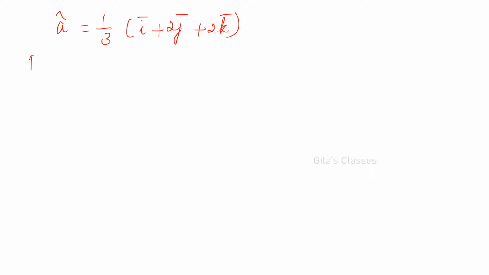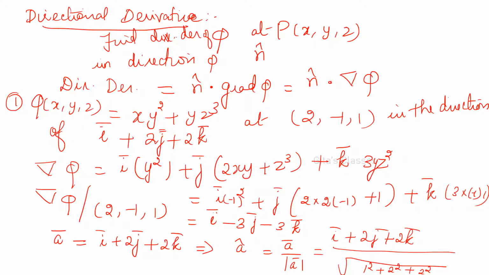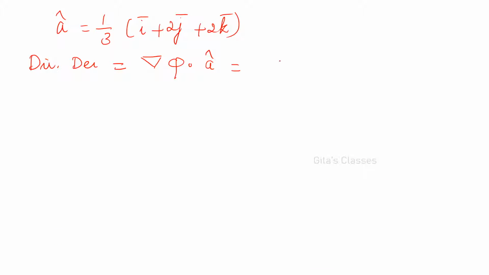Now what is directional derivative? When you find out all these things, it is very simple. Del phi dot A cap. What is our del phi now? i minus 3j minus 3k.